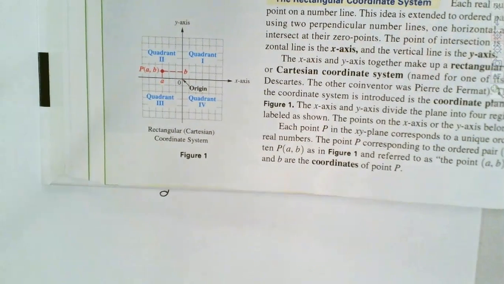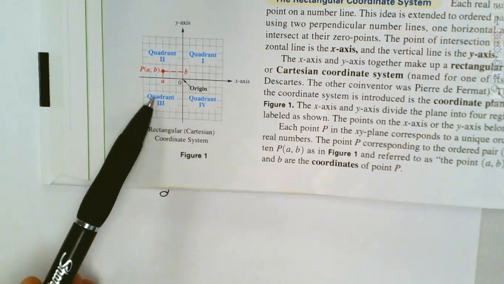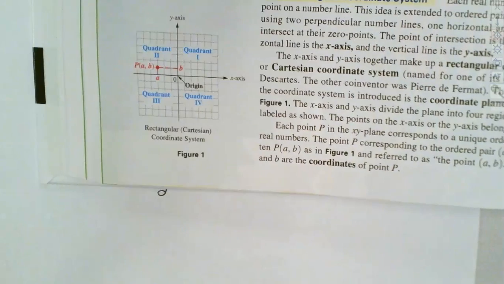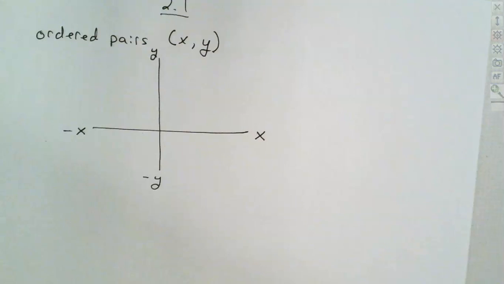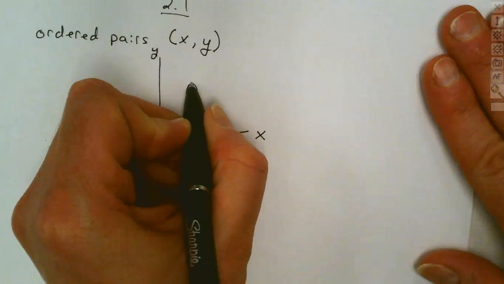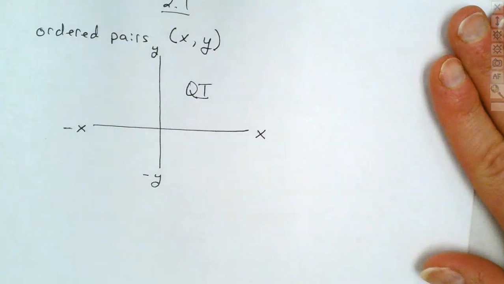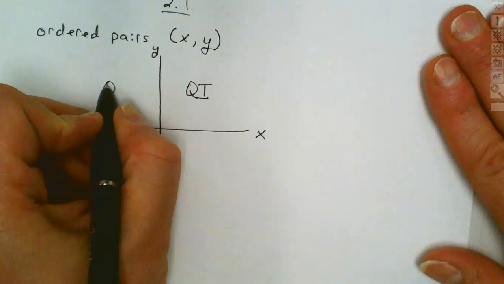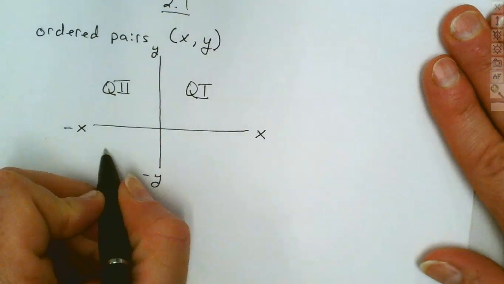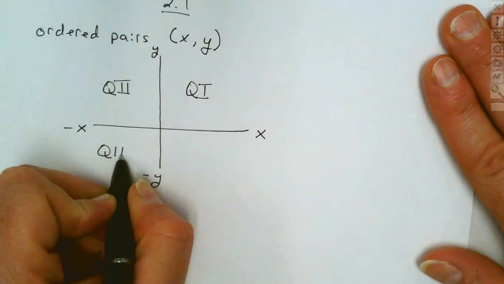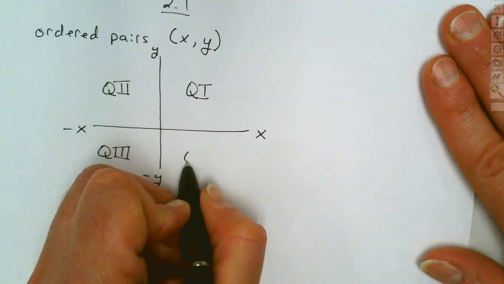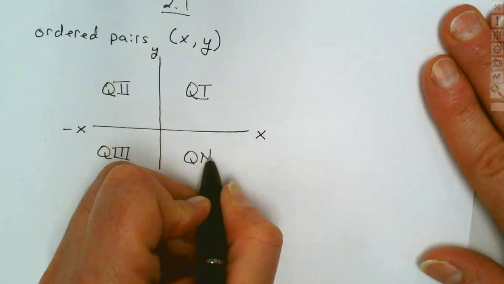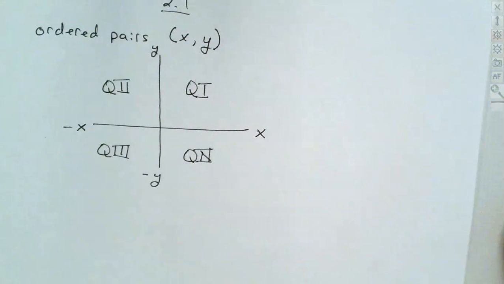And the quadrants go counterclockwise. In a moment, we're going to be talking more about the quadrants. We have quadrant 1 at the top, and then it goes counterclockwise, so quadrant 2, quadrant 3, and then finally quadrant 4. So those are our quadrants there.